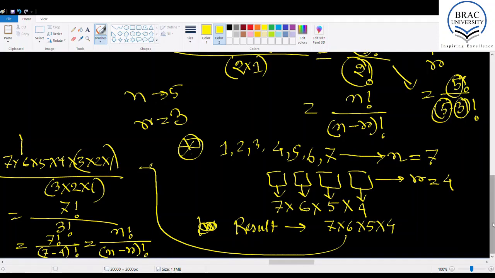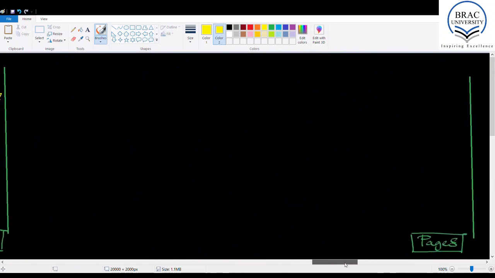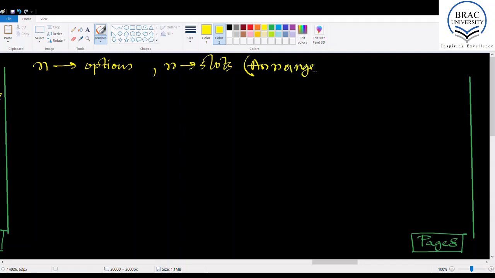So if we want to generalize this, we get that if we have n options and r slots, and we have to arrange r elements out of these n without repetition, we have to do this.